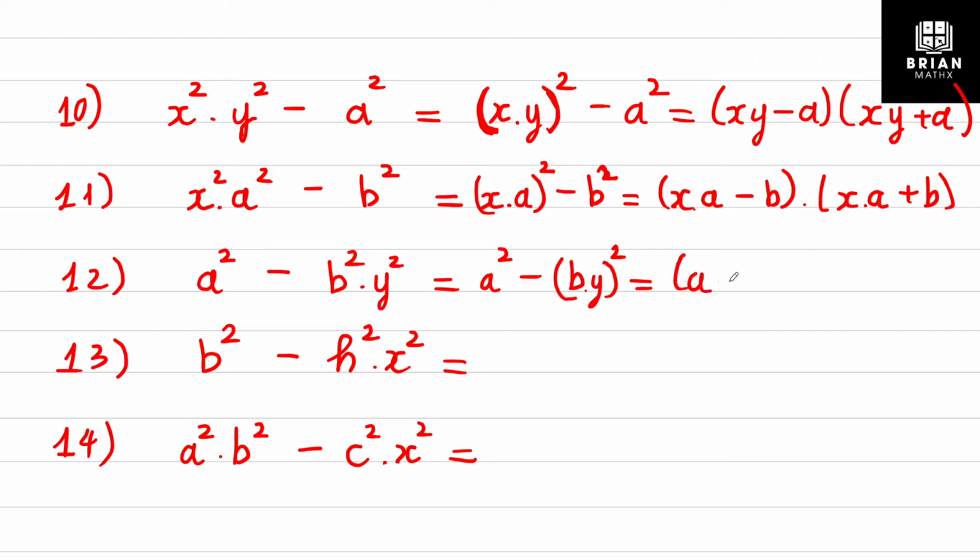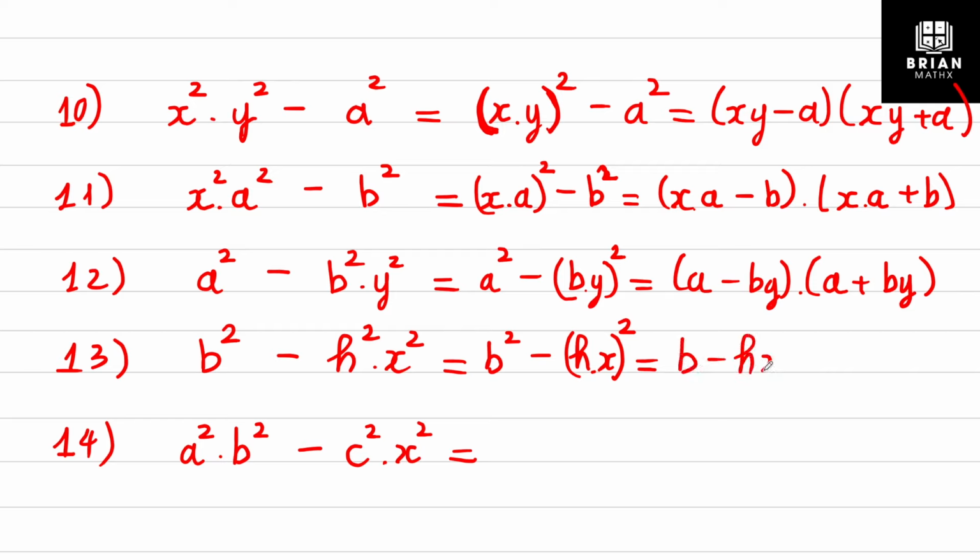Then I get ab minus y multiplied by ab plus y. Minus and plus. Next, b square minus s square h square. You know how to do that, right? I combine s and h inside the bracket with the square outside. So with the difference of squares form, you get b minus sh and b plus sh.